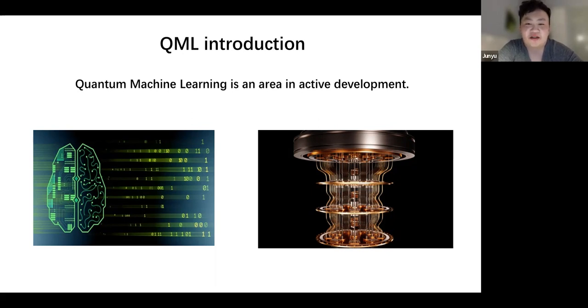On the other hand, at the moment we can already say that there are some benefits to combining those two together. For instance, machine learning at large scale might be very costly, and we are curious about how quantum computing could improve it. Or, going the other way, we are curious about how machine learning could help us understand quantum algorithms and also quantum devices. So it's a very active area at the moment.